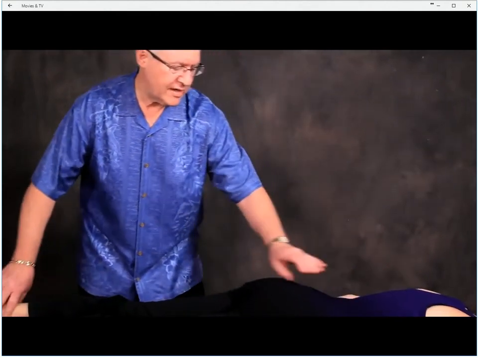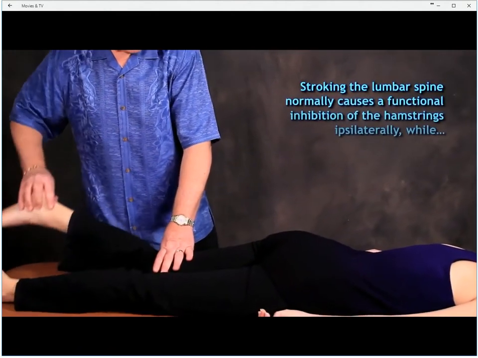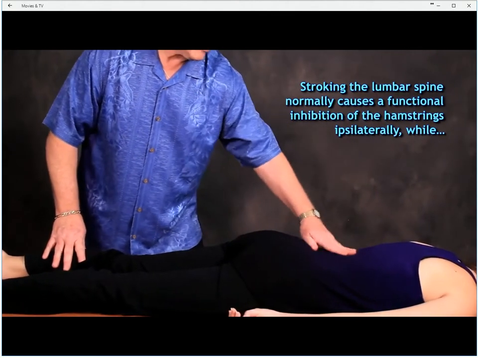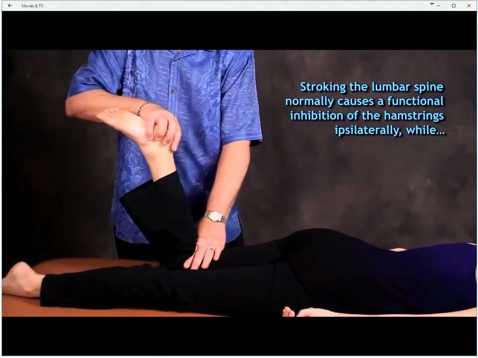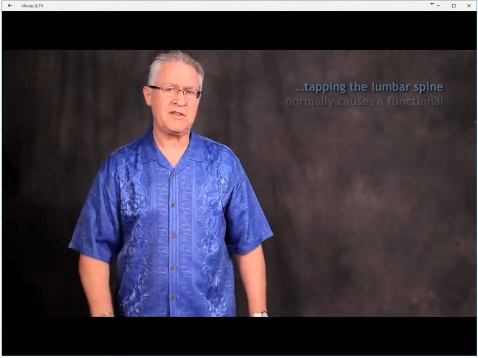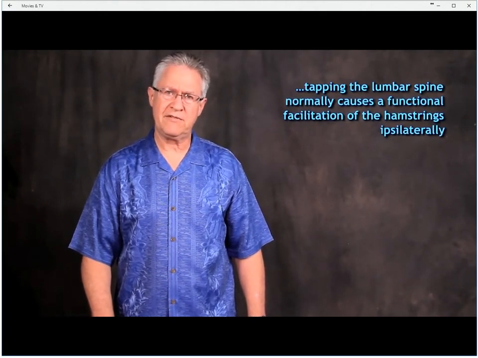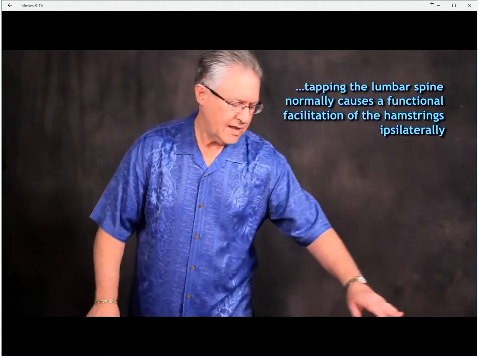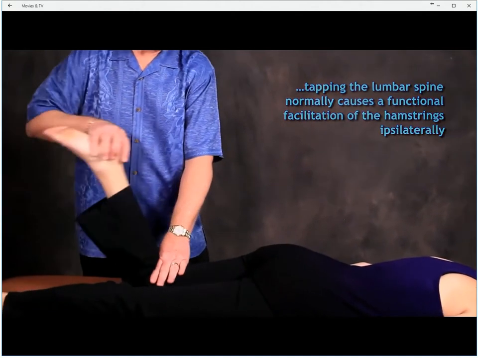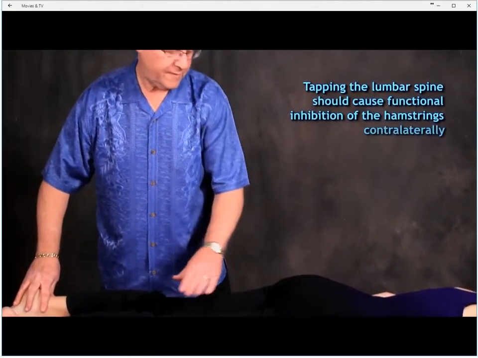So I came back to my office, and I applied the information for the next 2 weeks on every patient that I saw, and I found that stroking the lumbar spine caused inhibition ipsilaterally, and tapping the lumbar spine caused facilitation ipsilaterally. And I wondered what happens if I tap contralaterally to the hamstring, hold strong, and I found inhibition.